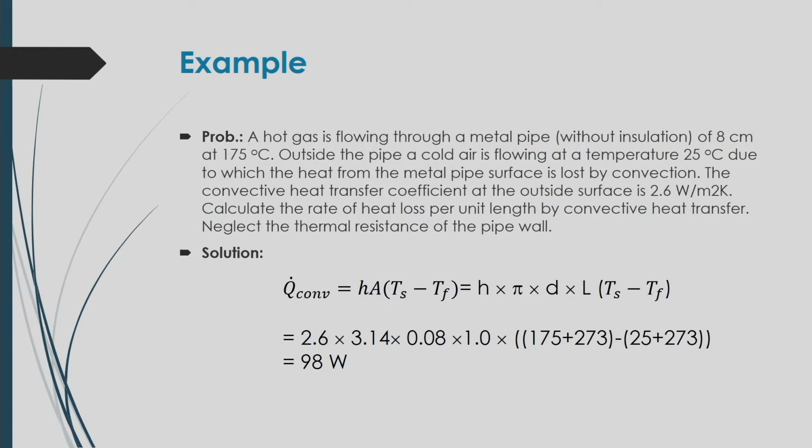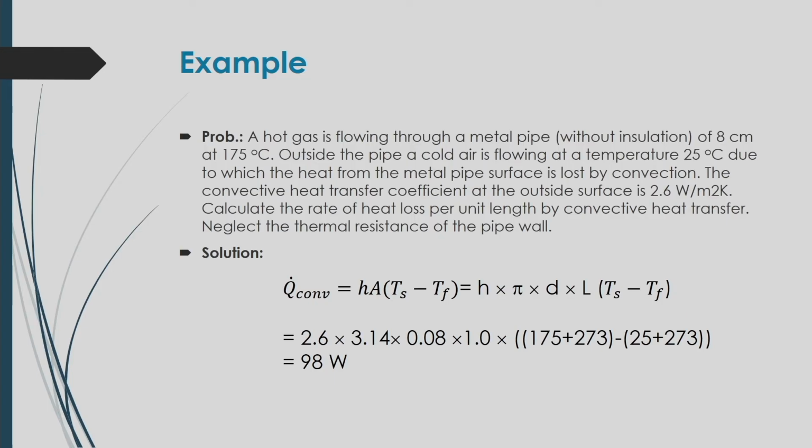Suppose a hot gas is flowing through a metal pipe. In that case, the metal pipe is not insulated, and its diameter is 8 centimeter, and it is kept at 175 degrees Celsius, at which this hot gas is flowing through the pipe.